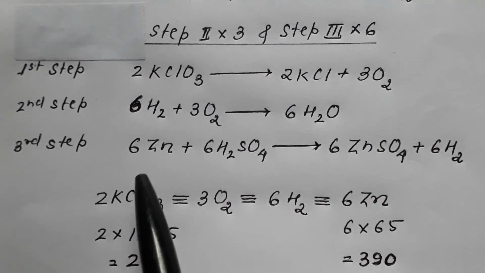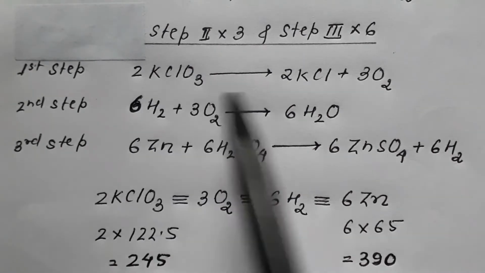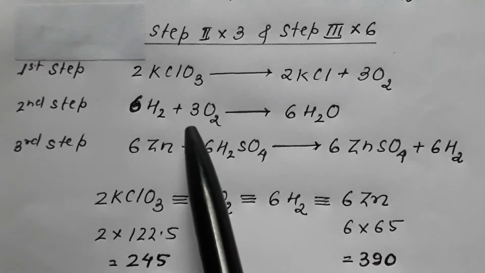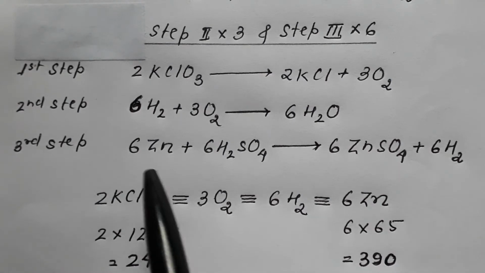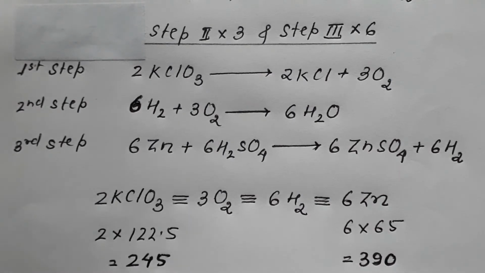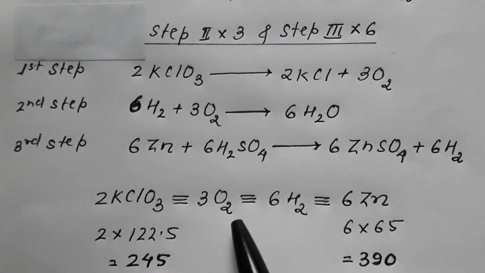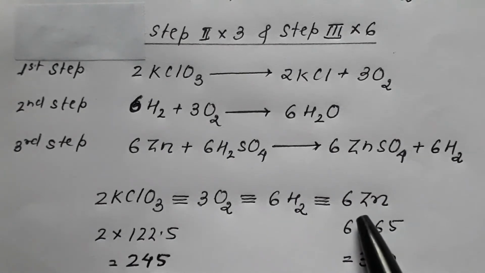That's what I said earlier: 2 KClO3 is equivalent to 3 O2, 3 O2 is equivalent to 6 H2, and 6 H2 is equivalent to 6 Zn.